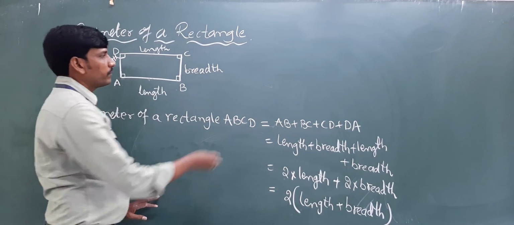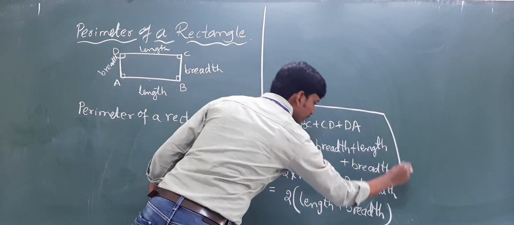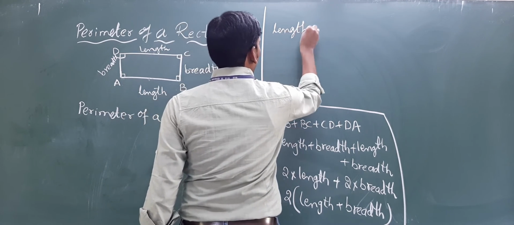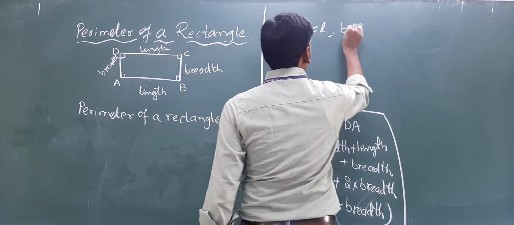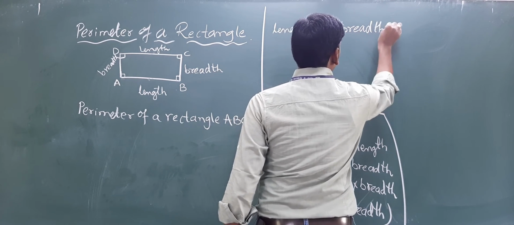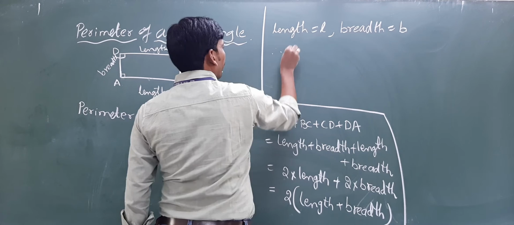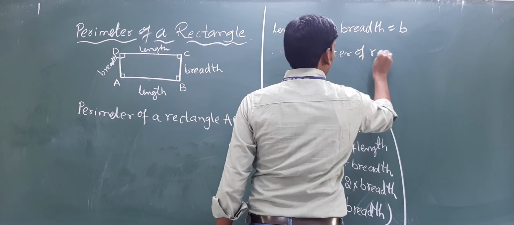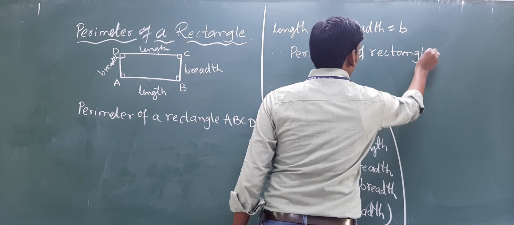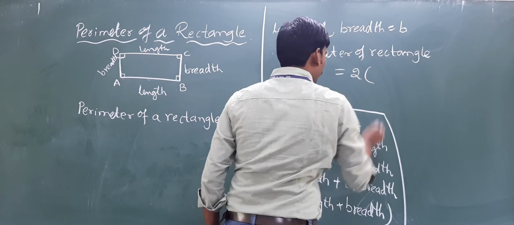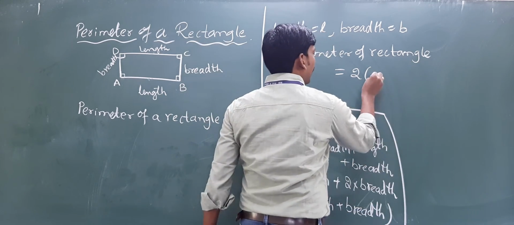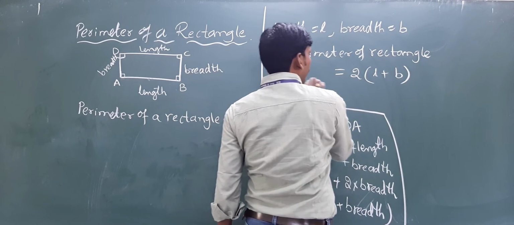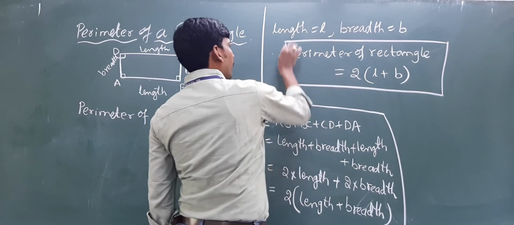Generally, suppose length is L and breadth is B, then perimeter of rectangle is equal to 2 times of length, which is L, plus breadth, which is B. So this is the formula to find the perimeter of a given rectangle.